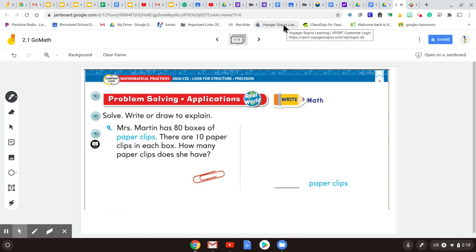Mrs. Martin has 80 boxes of paper clips, and there are 10 paper clips in each box. How many paper clips does she have? So I'm going to do kind of the same thing. The first thing I'm going to do is start counting by tens for my boxes.